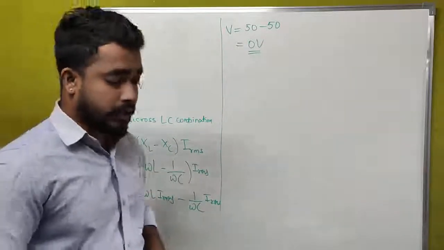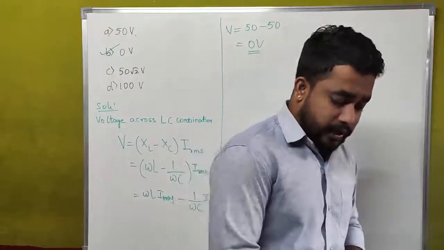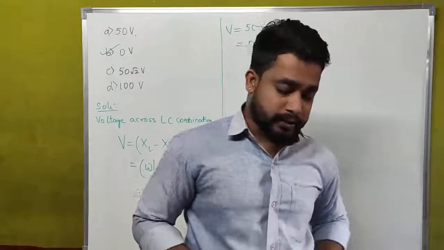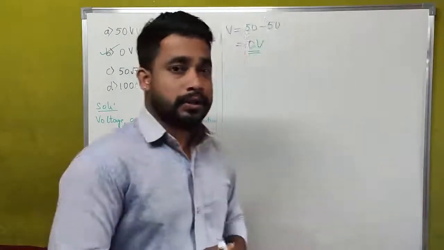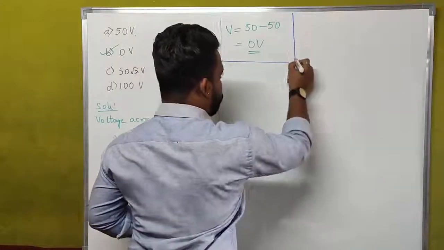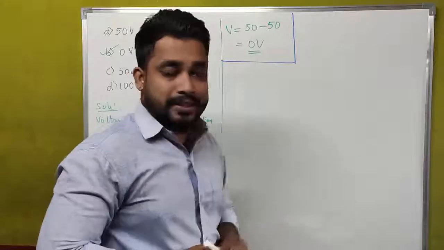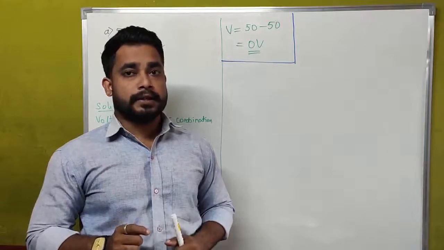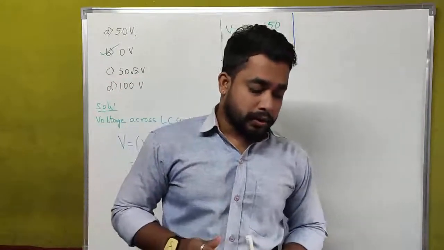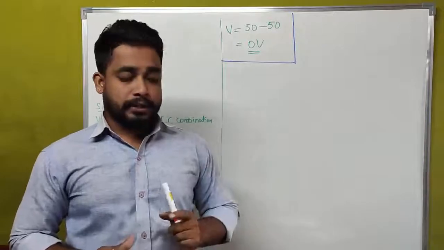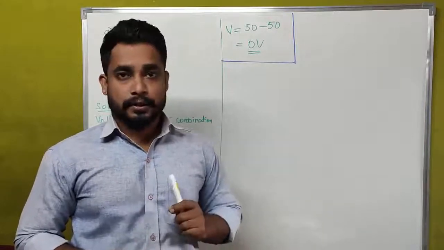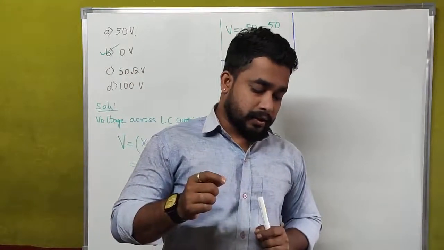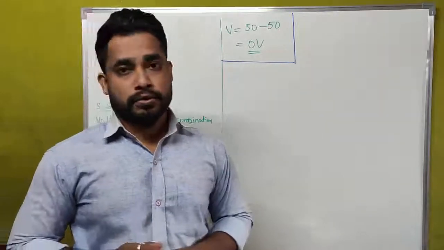This is our first question, and the next one is: in a series LCR circuit, the potential difference between the terminals of an inductance is 60 volts. Listen carefully to what I am telling. Between the terminals of a capacitor and a resistor it is 30 and 40 volts.